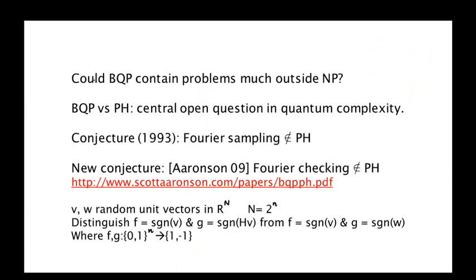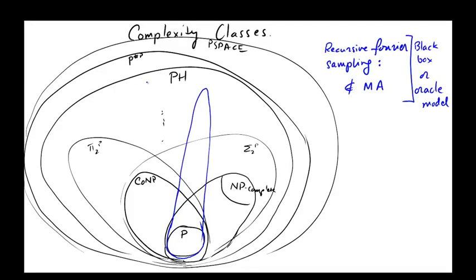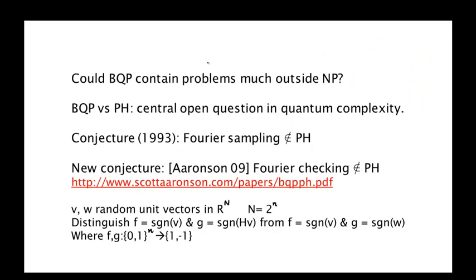So we could ask, how far outside of NP are these problems that BQP might contain? Could it even extend outside of the polynomial hierarchy and contain some problems out here? The conjecture, which is very long-standing, going back almost 20 years, says that the Fourier sampling problem should be one such example, which is not in the polynomial hierarchy. This has proved to be remarkably hard to resolve.